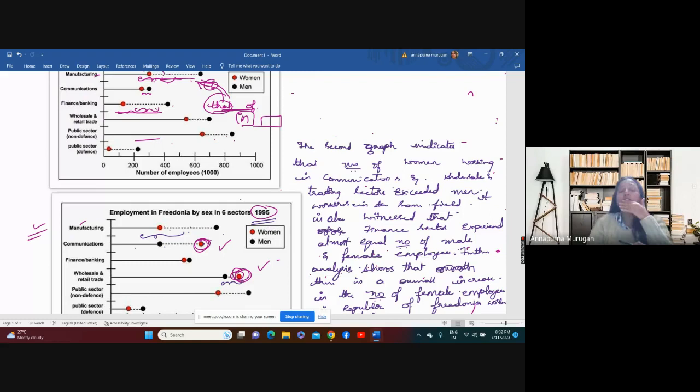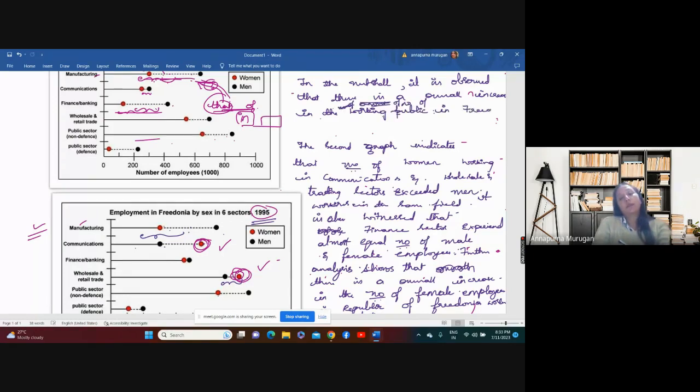What you can write: in a nutshell, it is observed that there is an overall increase in the number of working public in Republic of Fredonia.